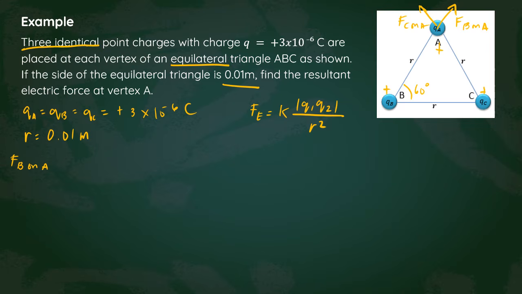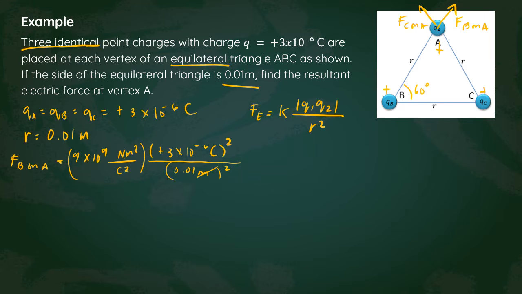So force B on A is equal to Coulomb's law, 9 times 10 raised to 9 Newton meters squared per Coulomb squared, times positive 3 times 10 raised to negative 6 coulombs. We square it since your charges are identical. You can just proceed with squaring the value over 0.01 meters squared.